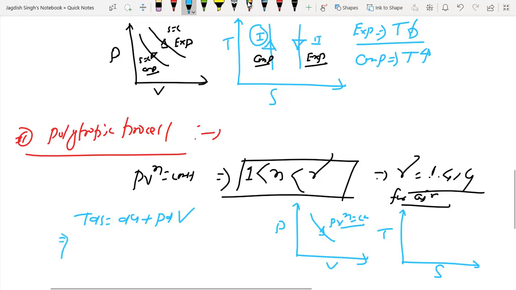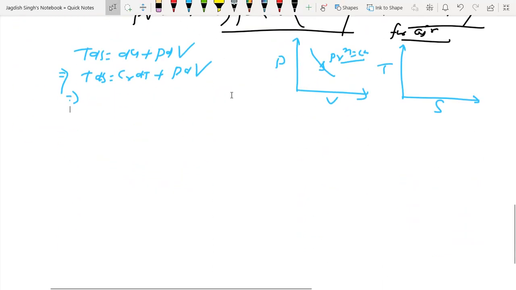So TdS is equal to, what is dU? CvdT. This is PdV. We have to put this value.